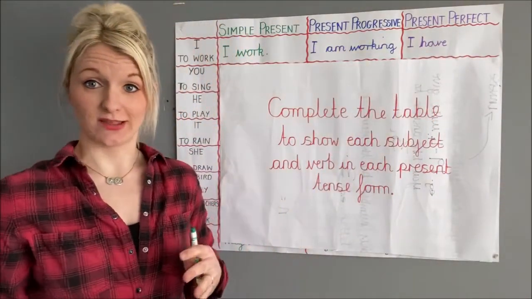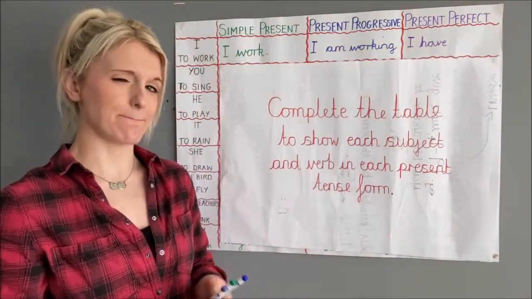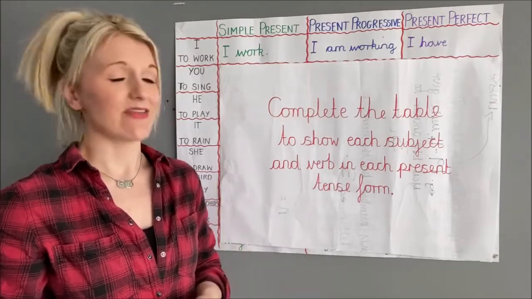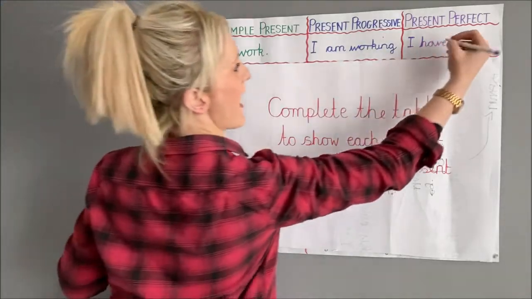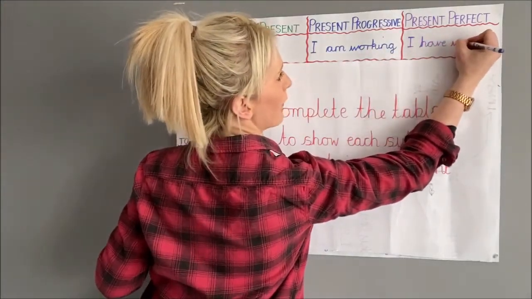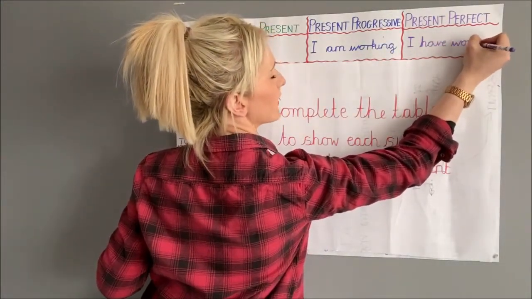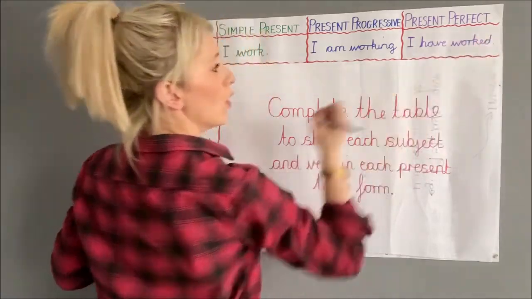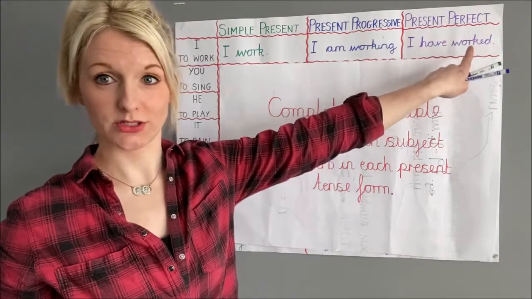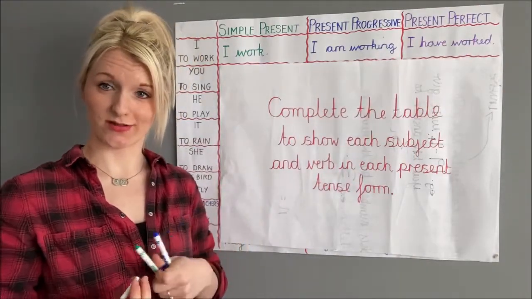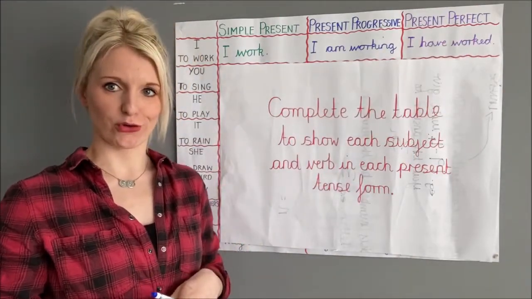And then I just need to put in my verb form at the end, my past participle. And the past participle of work is worked. I have worked. And we can check that that's right by asking ourselves, what have you done today? I have worked. Because that makes sense as an answer, that should mean that I've got the correct answer in that box.